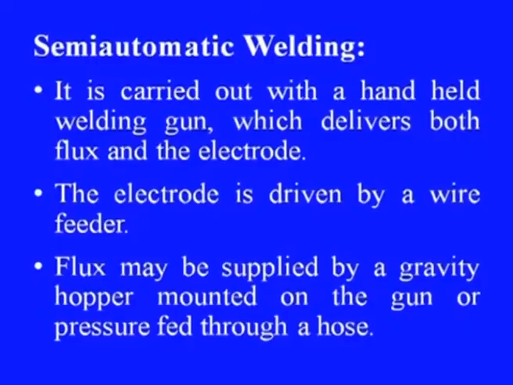Now, let us talk about the semi-automatic welding mode. It is carried out with a handheld welding gun, which delivers both flux and the electrode. The electrode is driven by a wire feeder. The flux may be supplied by a gravity hopper mounted on the gun or pressure fed through a hose.